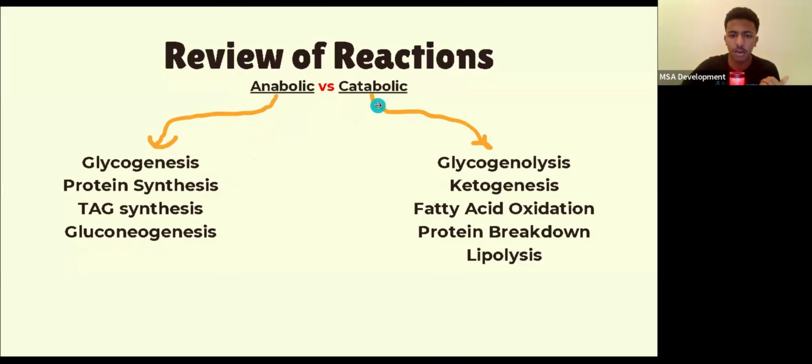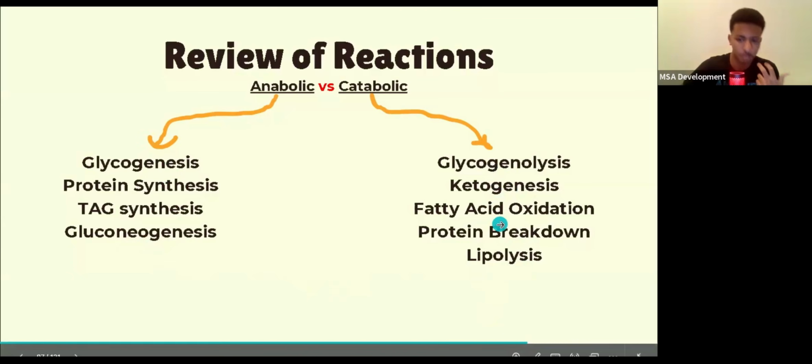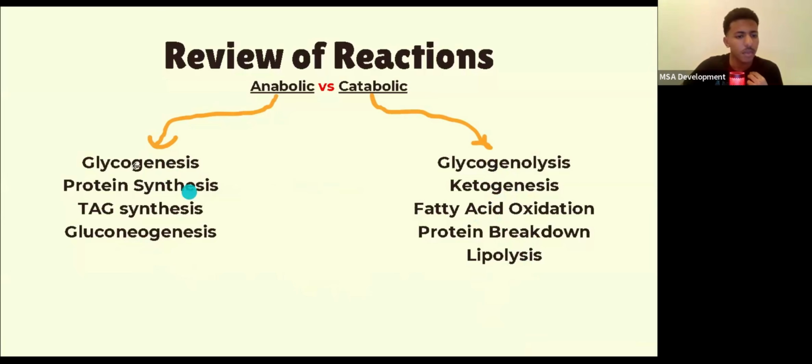And most of the catabolic reactions are going to be promoted by glucagon. Are there any exceptions? There are no exceptions. So gluconeogenesis, if gluconeogenesis is put over here, there's going to be insulin reactions, glucagon reactions. Okay? So let's talk about each reaction individually.